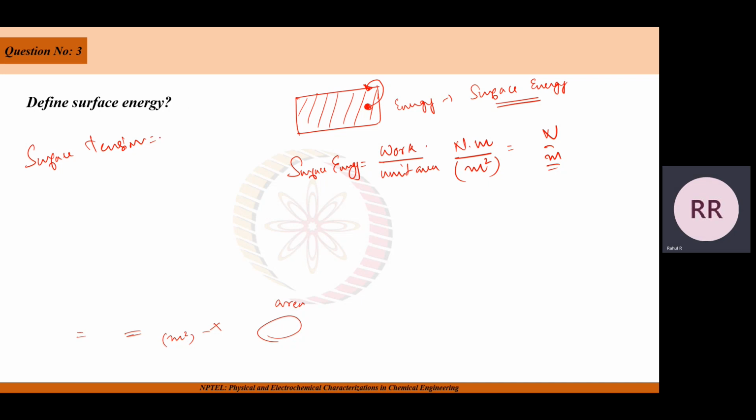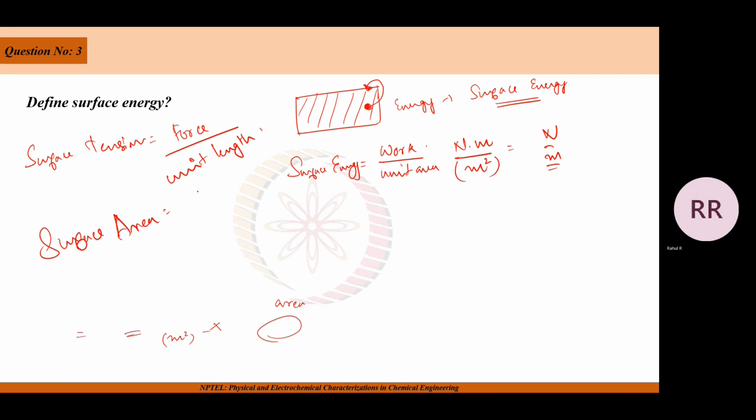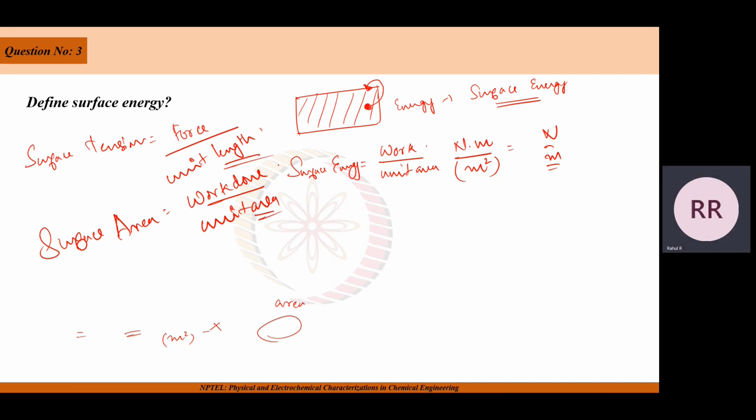Surface tension is force per unit length, and surface energy is work done per unit area. So this is the surface energy.